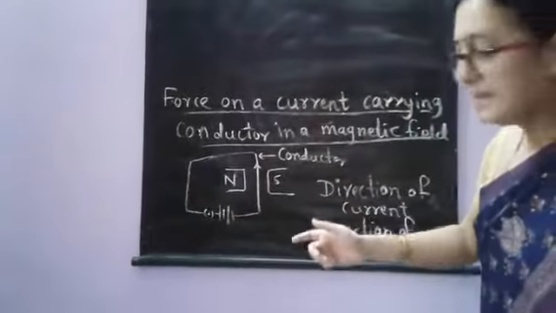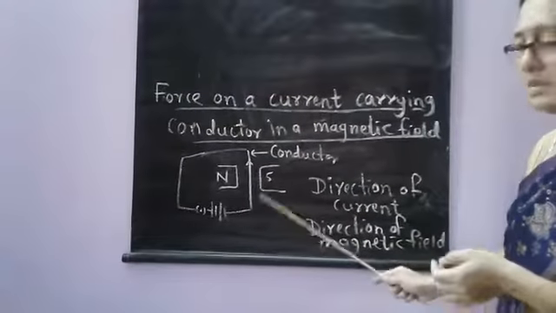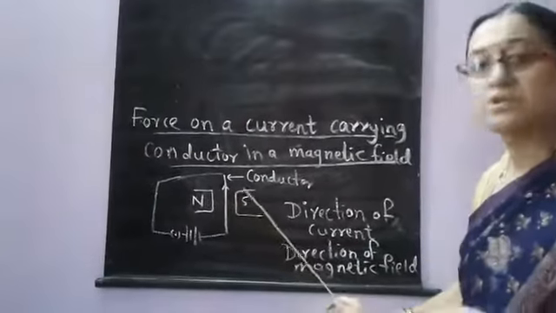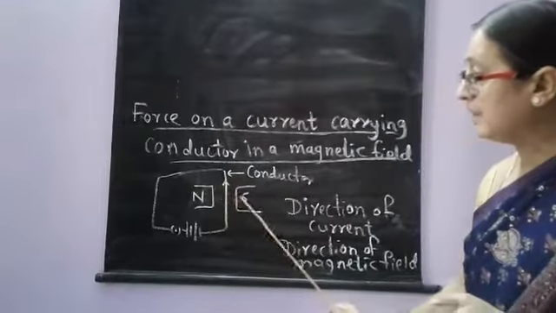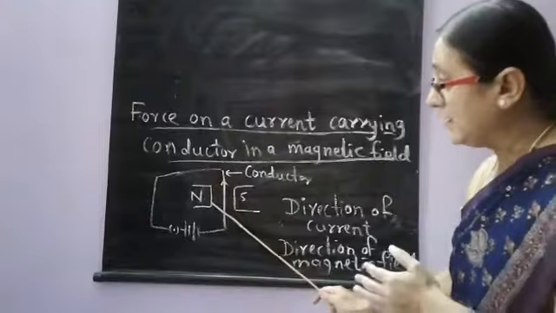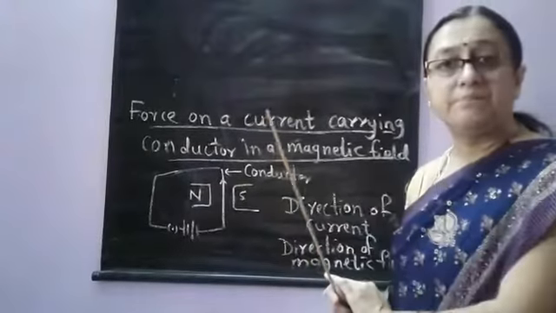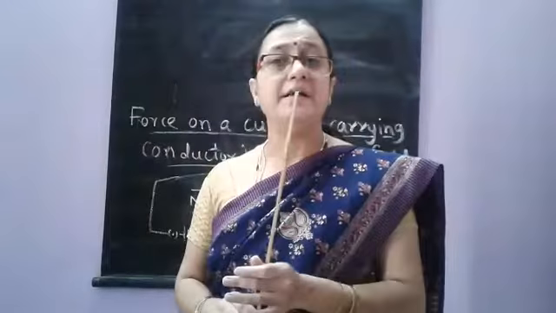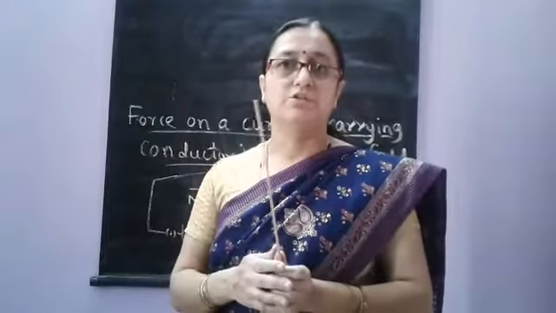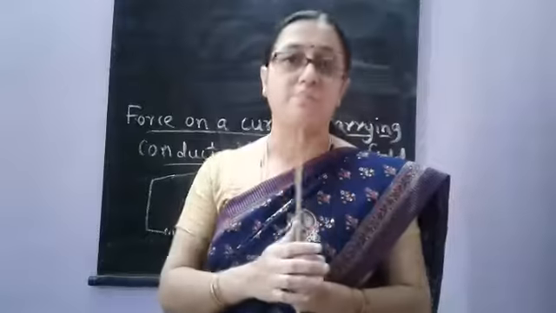Here a current carrying conductor is taken which is placed between the poles of the magnet. When a current carrying conductor is placed between the poles of the magnet, then what will happen to such conductor? In your previous classes, in the fourth chapter, we studied about the influences of force. So what will happen when force is applied on any object?